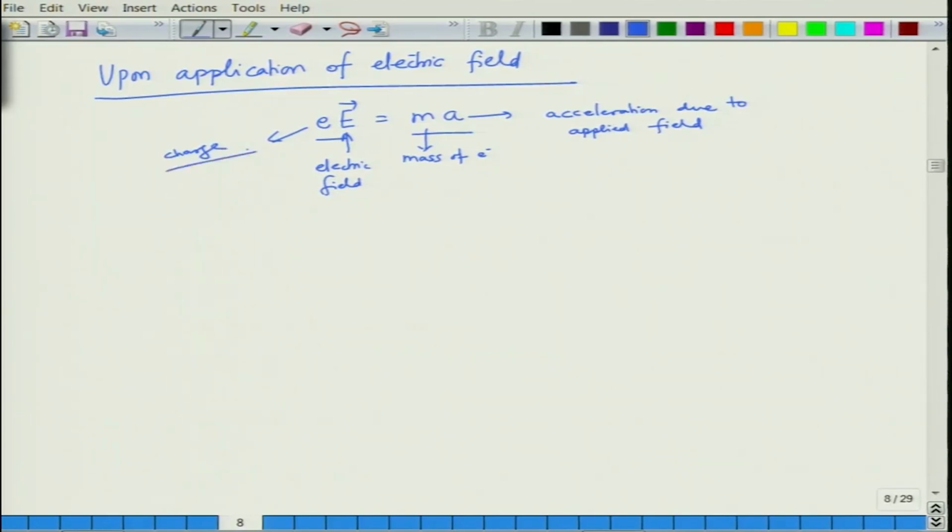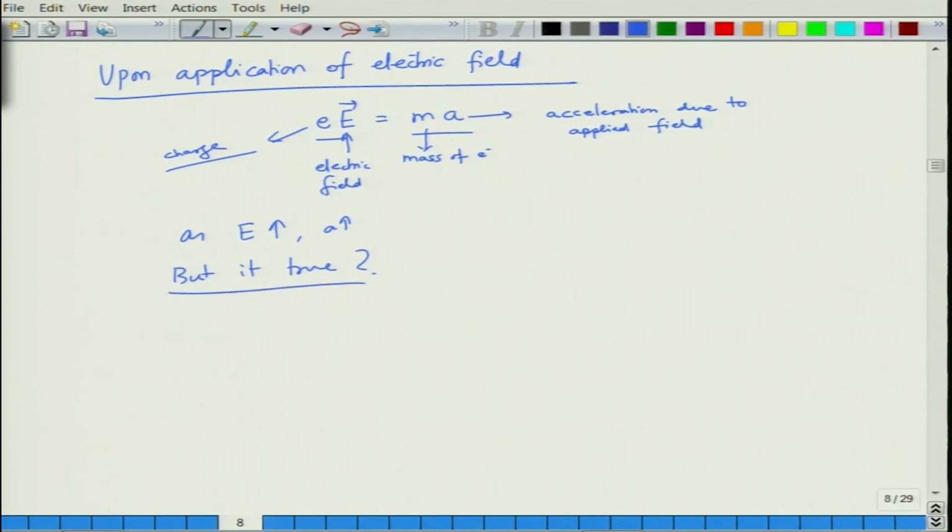What this is saying is that if you keep increasing the value of E, you should get an indefinite increase in acceleration. As E increases, a increases, but is it true?